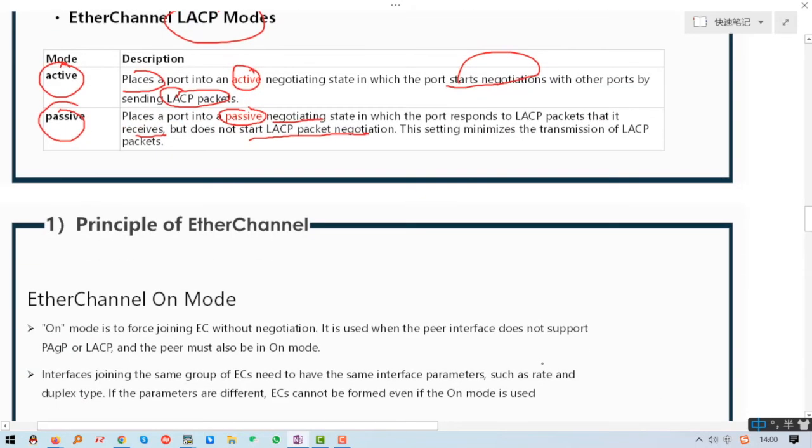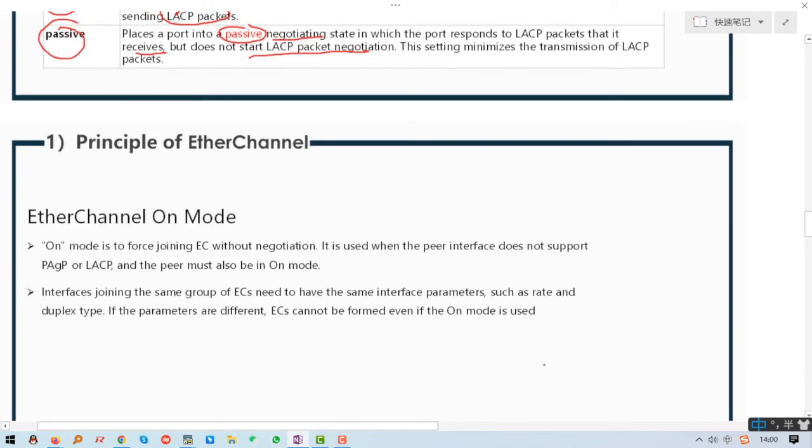And another mode is EtherChannel on mode. On mode is forcing the port to join EtherChannel without negotiation.